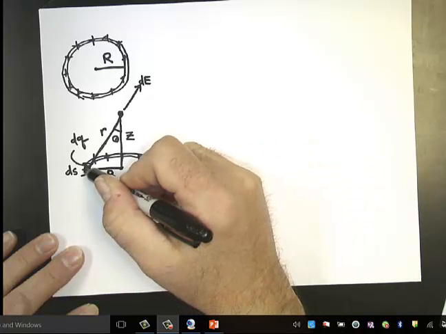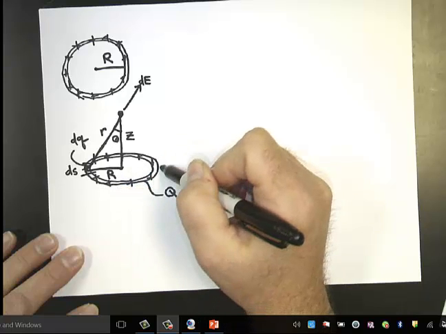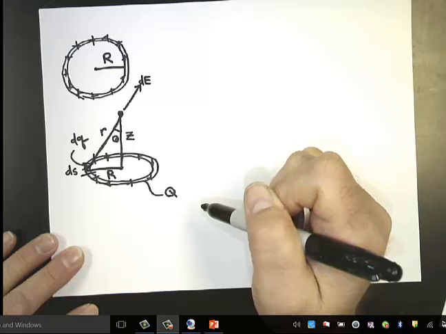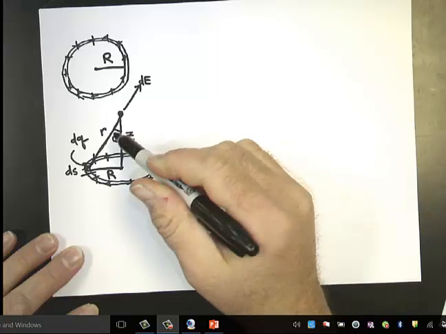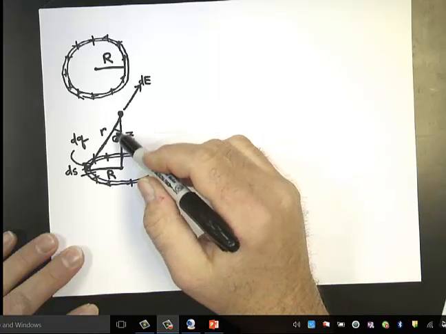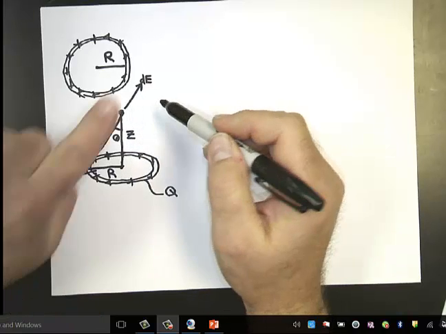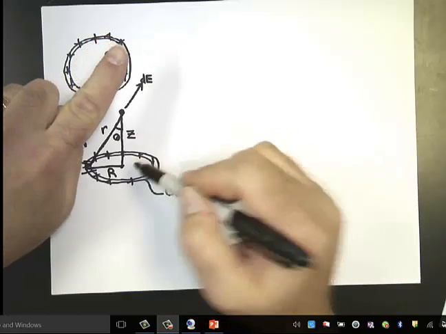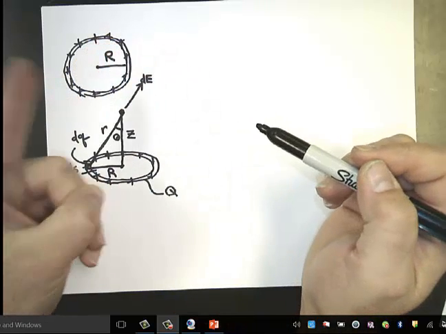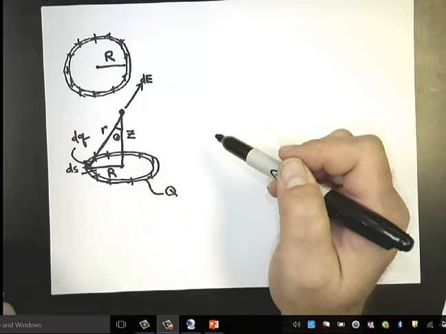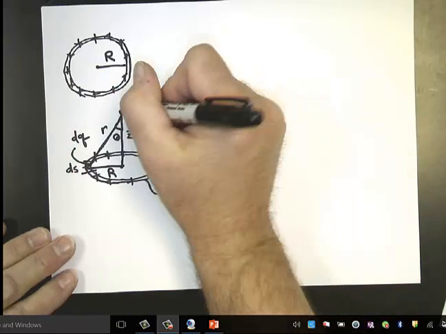Then we're going to add up the effect of all of these little segments all the way around the circle. So this is going to require a little bit of calculus. Imagine adding these up as we go around the circle: it's going to be a cone of dEs. We're going to have to add up the effect of all these fields in a cone. Okay, well, there's an easier way.